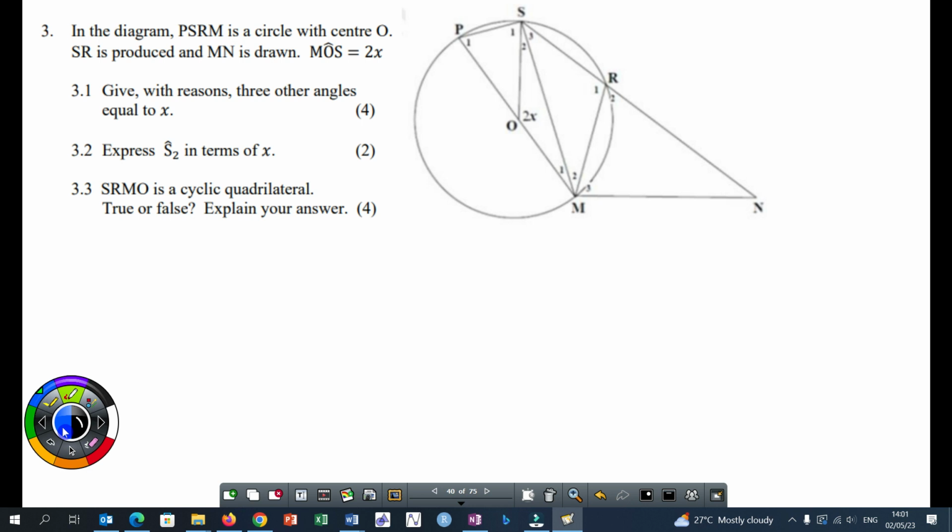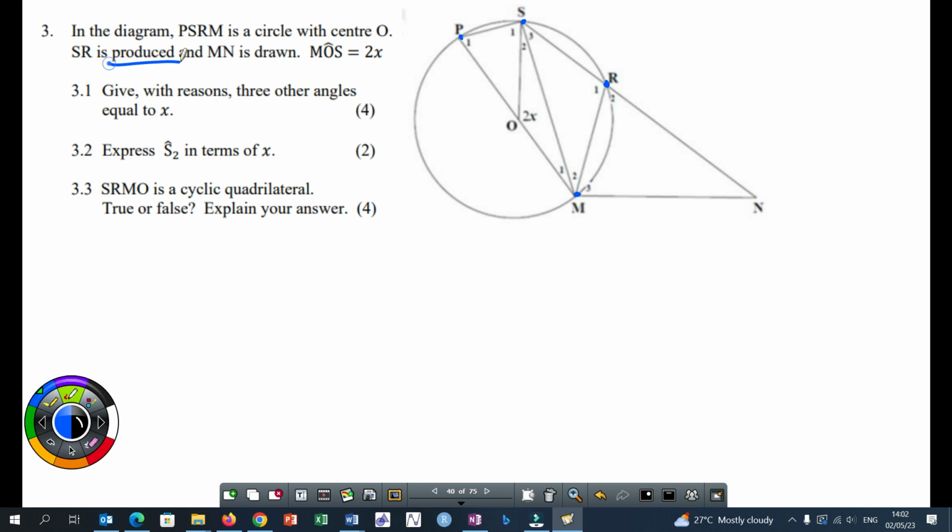Alright. So in this diagram, PSRM is a circle. Why is it a circle? Because those four vertices are on the circumference. Then SR is produced. By saying SR is produced means you draw SR, then you go beyond the circumference.